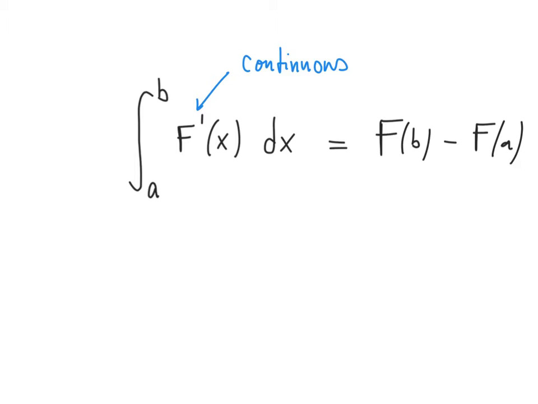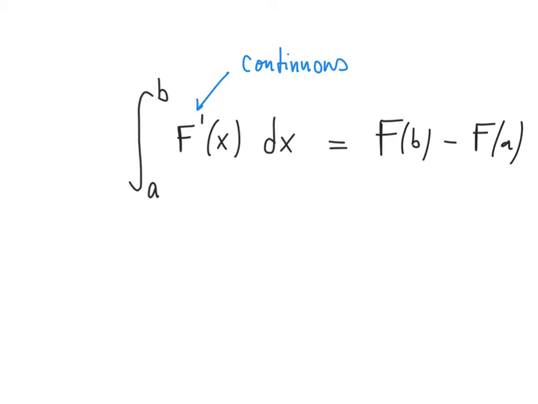So in one sense, this theorem tells us that integration is indeed the inverse operation to differentiation, because what it says is, if I start out with the function f, take the first derivative, and then integrate, I get not quite the original function back, but something very closely related to it, because it's the total change of the original function over the interval over which you integrate.